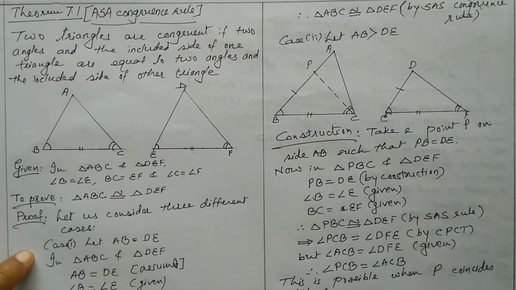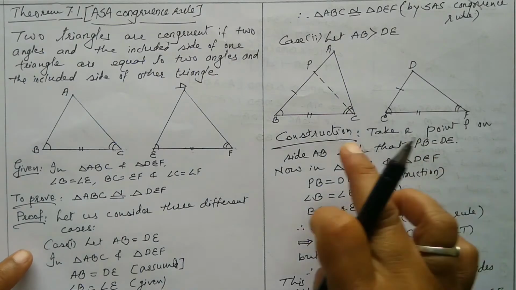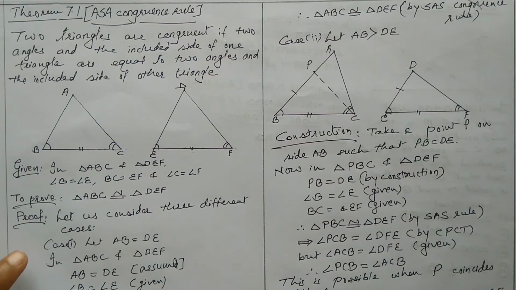And as from case 1, AB is equal to DE, so this also implies that triangle ABC is congruent to triangle DEF, by the side angle side rule only. This is the second case. We will see the third case now.